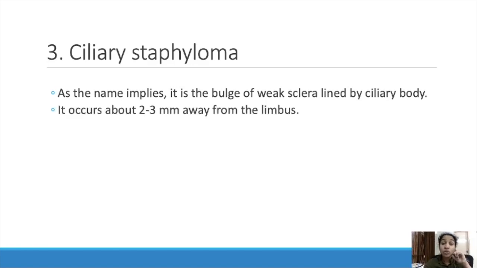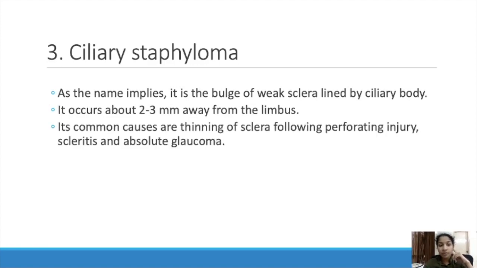It occurs about 2 to 3 mm away from the limbus. Its common causes are thinning of sclera followed by perforating injury, scleritis, and absolute glaucoma.